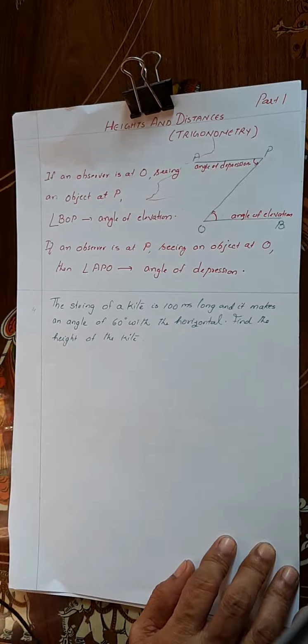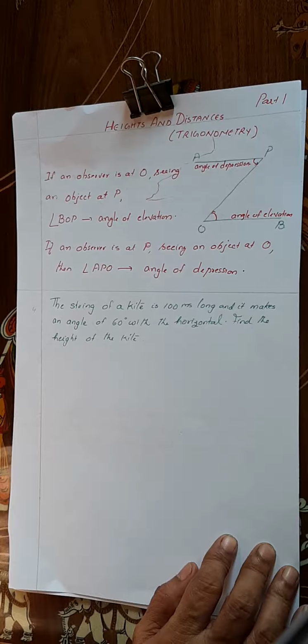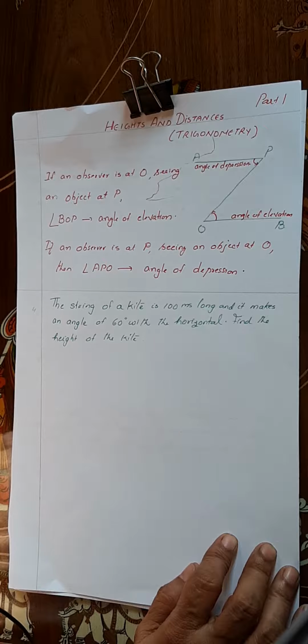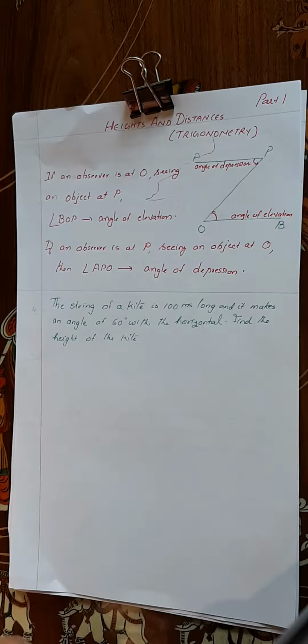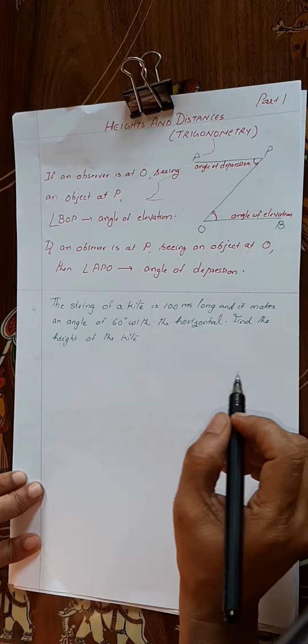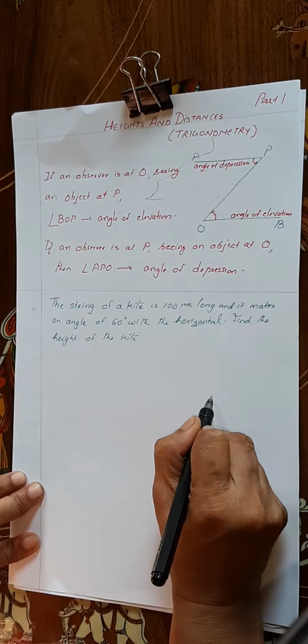Now coming to the problems, we'll start with very simple problems and then we may go to the tougher problems. The string of a kite is 100 meters long and it makes an angle of 60 degrees with the horizontal. Find the height of the kite. So this is the ground.